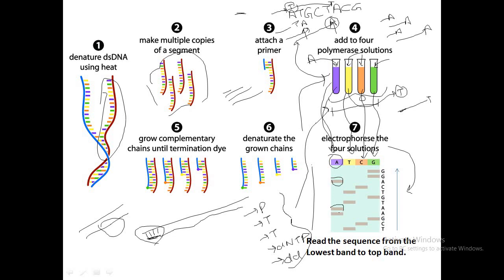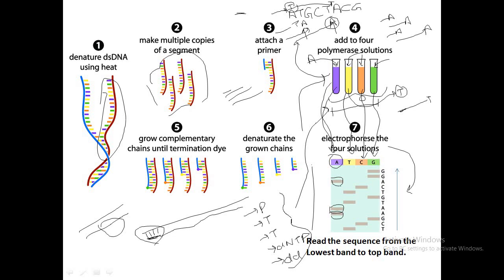Similarly, in the case of the T part, any fragment that ends up here will end with T, in this C lane any fragment will end with C, and any fragment in this G lane will end with G.